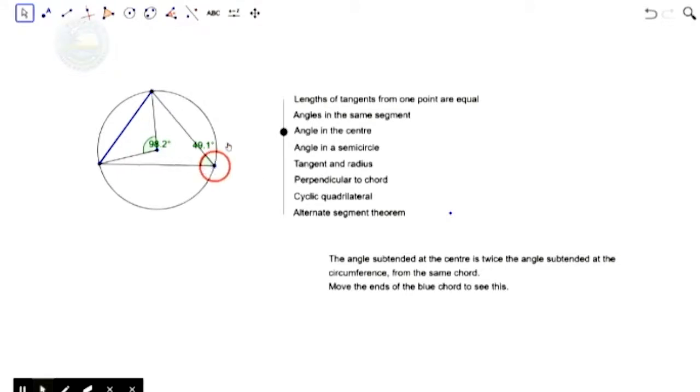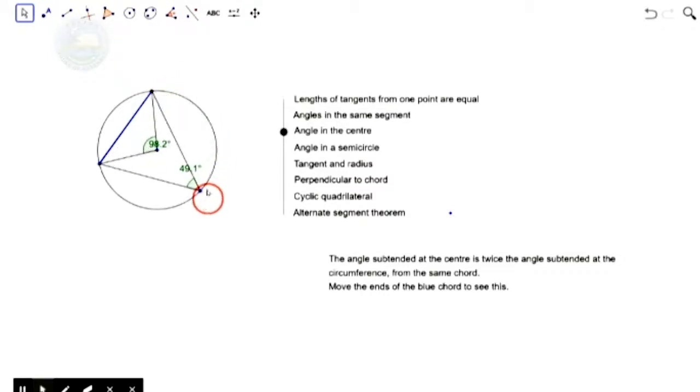So if we were to move the angle subtended at the circumference, it doesn't matter because we already know that angles subtended within the same segment are equal by the same chord at the circumference. And once we know that the angle subtended at the circumference is going to be half of the angle subtended at the center, or if you rather say it, the angle subtended at the center is going to be twice the angle subtended at the circumference.